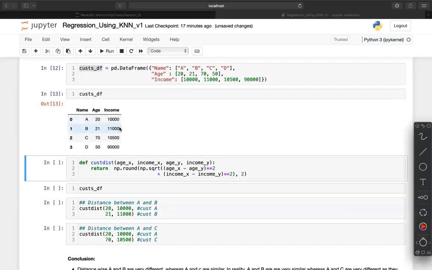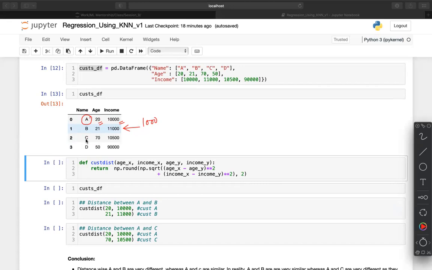Now, if I have to find which customer is very similar to customer A in terms of age and income, probably customer B is very similar because the age is just 1 year different and income is not much of a difference, just 1,000 rupees.